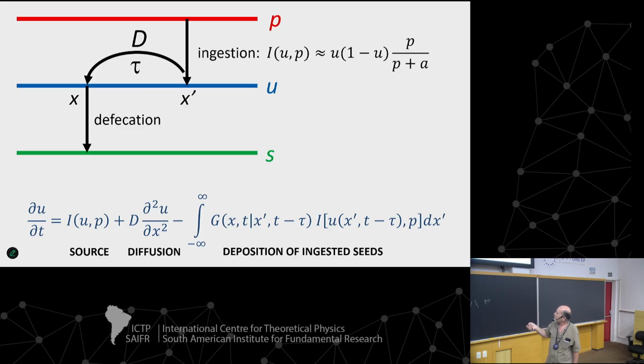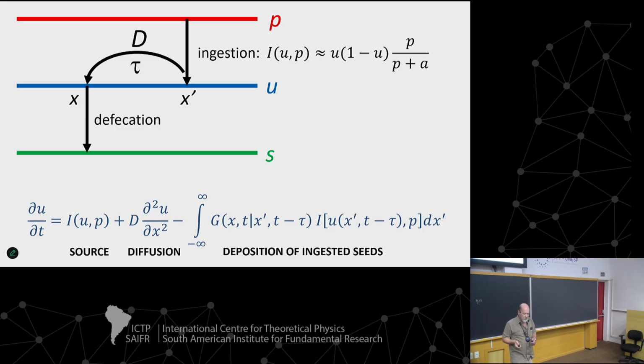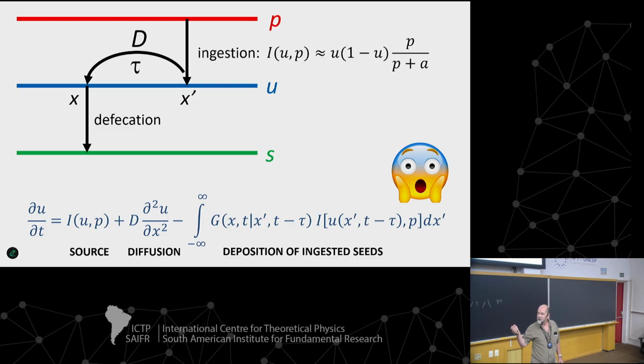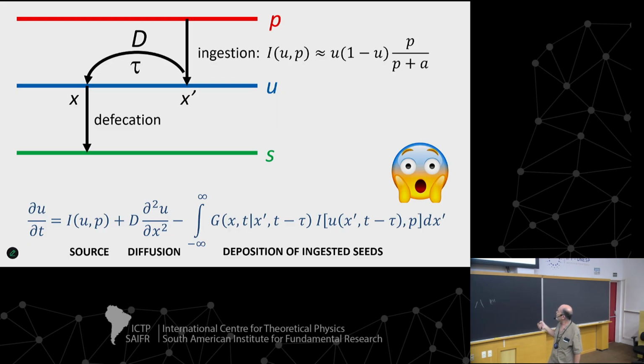So we integrate over all the positive ingestion points, and we have our deposition of ingested seeds. So the innocent equation of the beginning has now transformed into an integral differential equation, non-local in time, which is a very intimidating kind of beast.